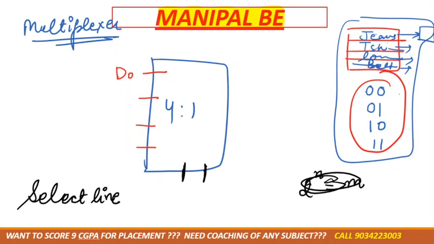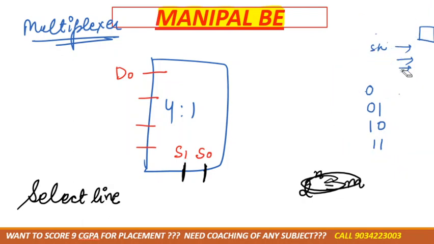Okay, so in this we'll have 2 select lines, and the select lines are denoted by S0 and S1. Right? Any doubt up to here? Fine. So what we need to do further is draw the truth table.